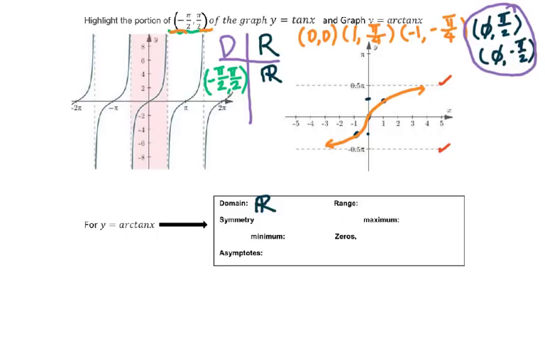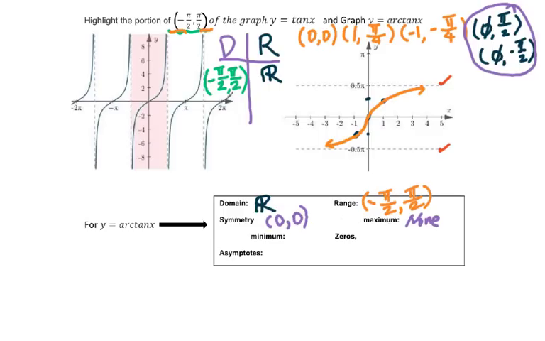Range will be between negative pi over 2 to pi over 2, open parentheses. Symmetric across the origin, 0, 0. For maximum value, no, we don't have a maximum value.